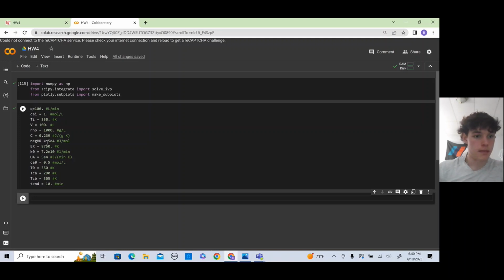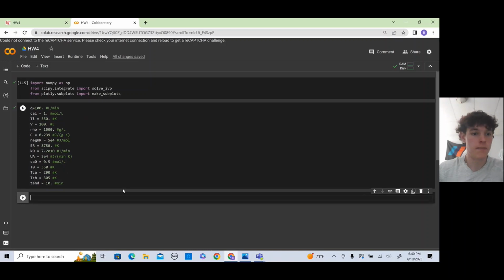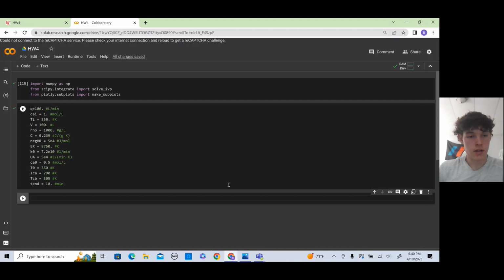Our ER, that will go into finding our K, our initial reaction constant, our UA, which is our heat transfer coefficient, our initial concentration, our initial temperature again, and we have our TC for the first one, so TCA, and our second TC, so TCB, and then we'll be running this for about 10 minutes.